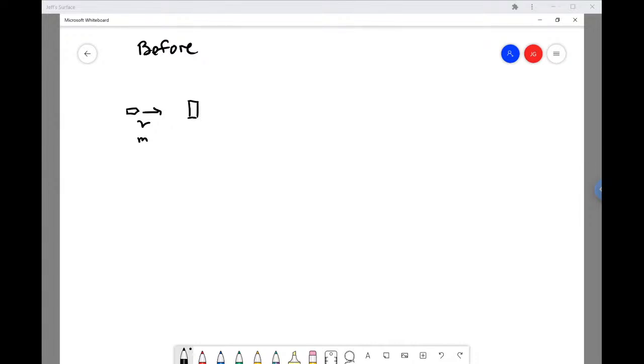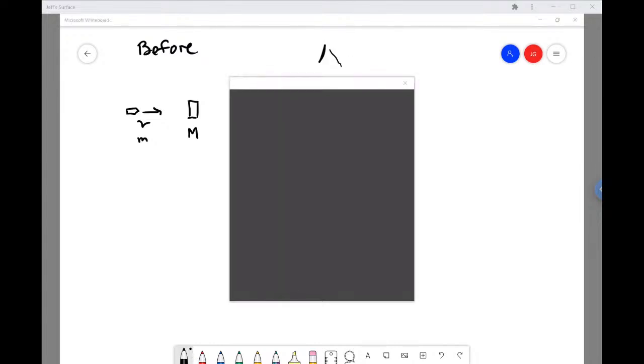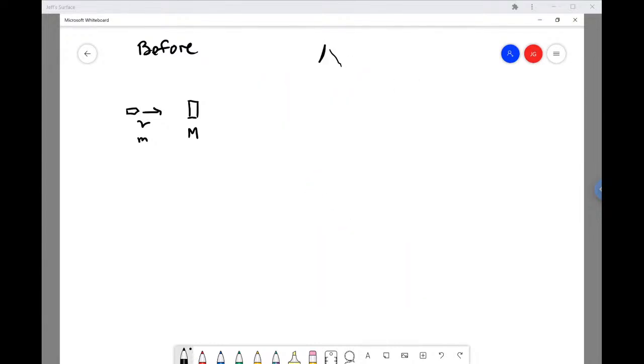It has speed 0 and mass big M. And then after the collision, now the paper is moving with speed big V, and the bullet has some new speed called little v prime.